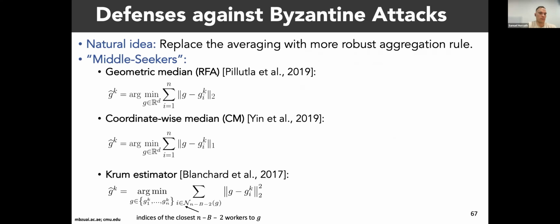Very popular approaches are robust aggregators, where, for instance, instead of simple averaging, you can find the geometric median or coordinate-wise median, or the Krum estimator, where you just consider the point closest to the current mean.